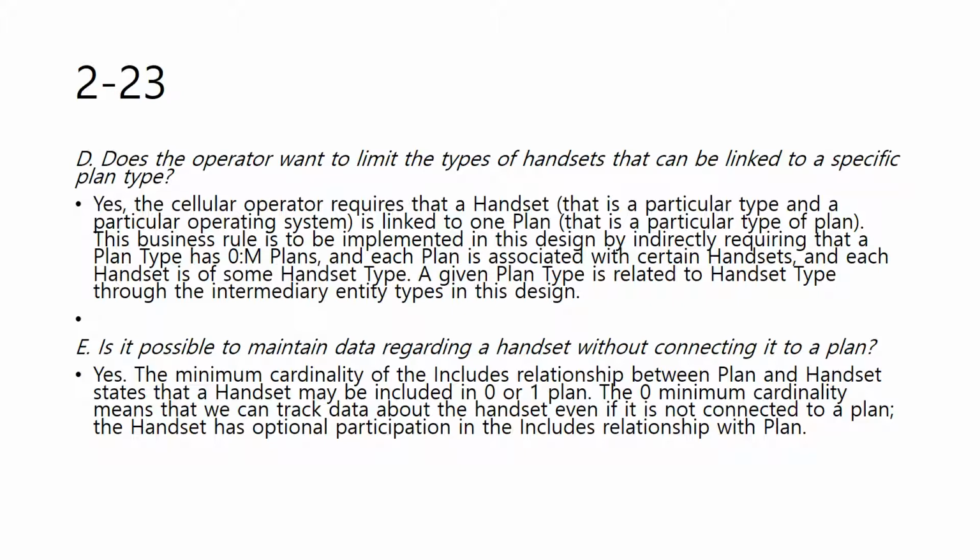Problem E. Is it possible to maintain data regarding a handset without connecting it to a plan? Yes. The minimum cardinality of the includes relationship between plan and handset states that a handset may be included in 0 or 1 plan.